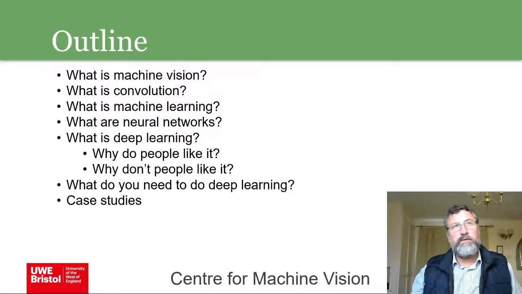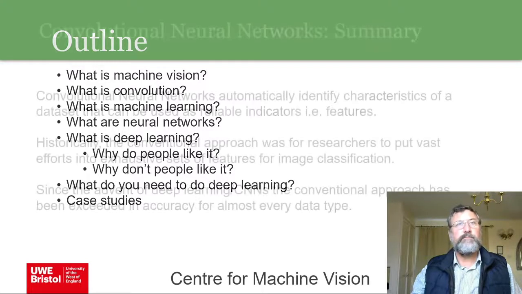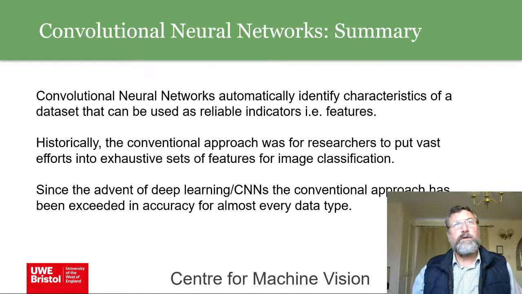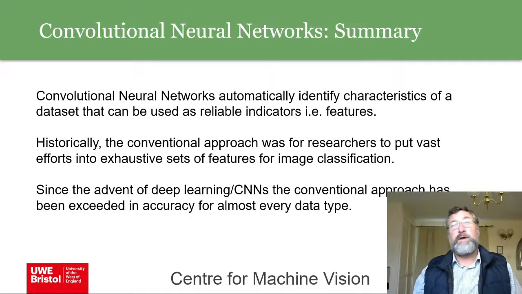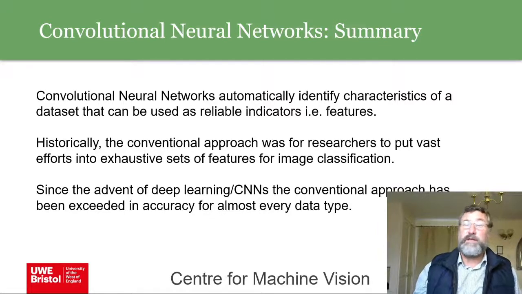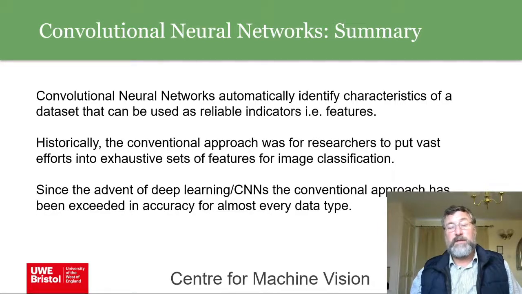But let's carry on and talk a little bit more about what's going on with deep learning and CNNs. I've got a little summary here. Convolutional neural networks automatically identify characteristics of a data set that can be used as reliable indicators. In other words, they automatically work out what the features are of interest for allowing us to determine whether something we're interested in is there or not.